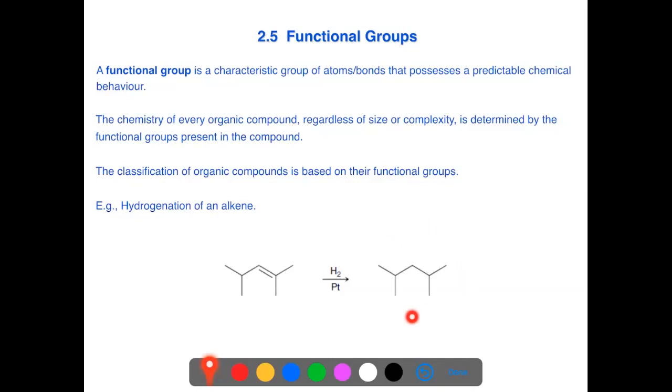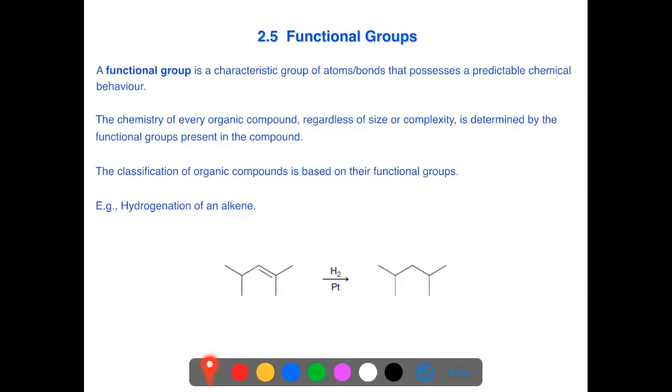The alkane that's formed is yet another type of functionality. So many of the reactions that we'll look at in this course are really about functional group transformations, going from one functional group, one family of compounds, to another family of compounds.